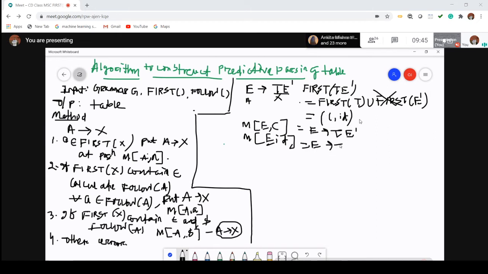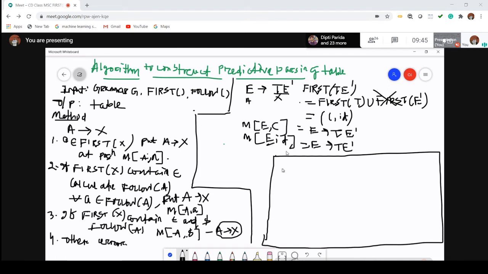If I want to put this production in the cell, I have to create a table. Previously we discussed the table structure. Let us draw the table.